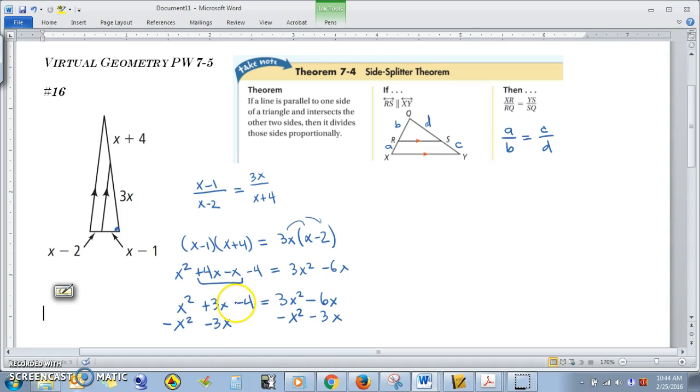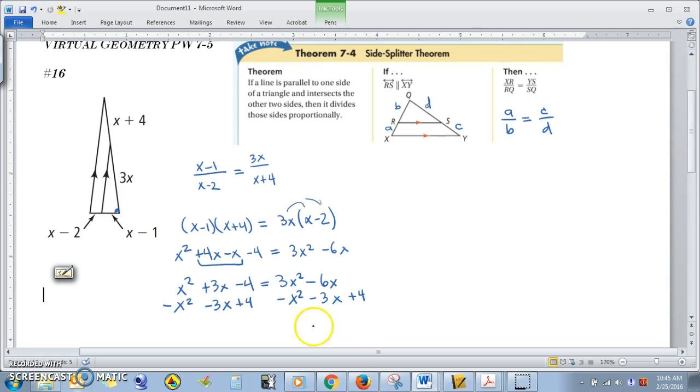And then I got a minus 4, so I'm going to add 4 to both sides of the equation. And so x squared minus x squared is 0, 3x minus 3x is 0, negative 4 plus 4 is 0. So I get 0 equals 3x squared minus x squared is 2x squared. Negative 6x minus 3x is negative 9x, and then plus 4.